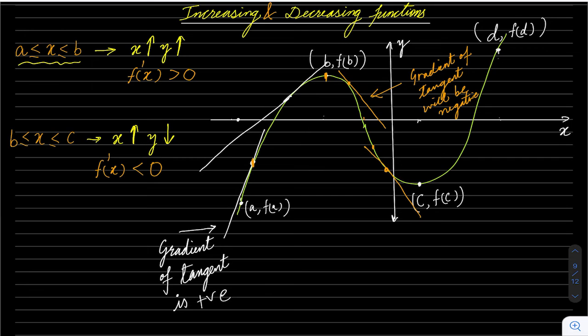And using derivatives, I can also say that my f dash x will be greater than 0 from A to B. And similarly, from B to C, I can say my x is increasing, y is decreasing. So these kinds of functions are known as decreasing functions. So basically, function f is decreasing in this interval, and function f is increasing in the interval A to B.